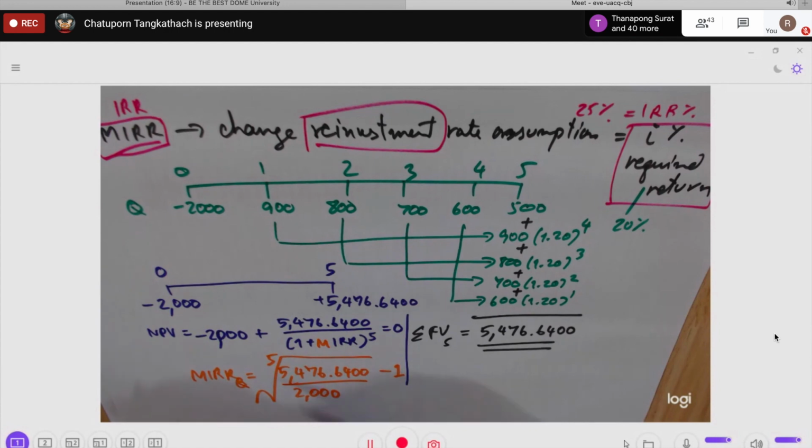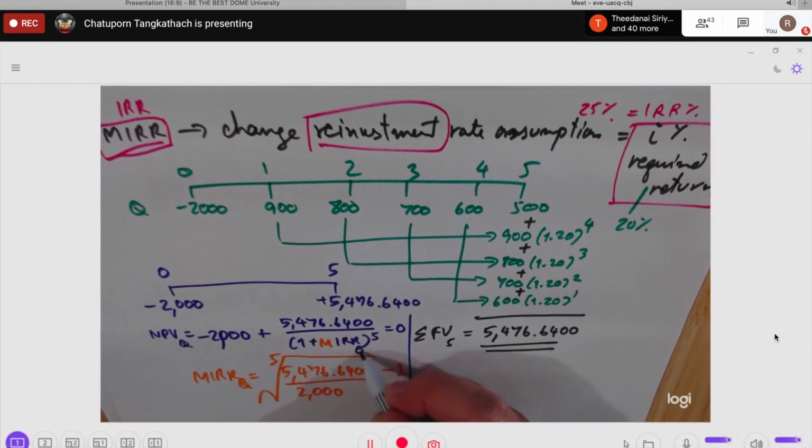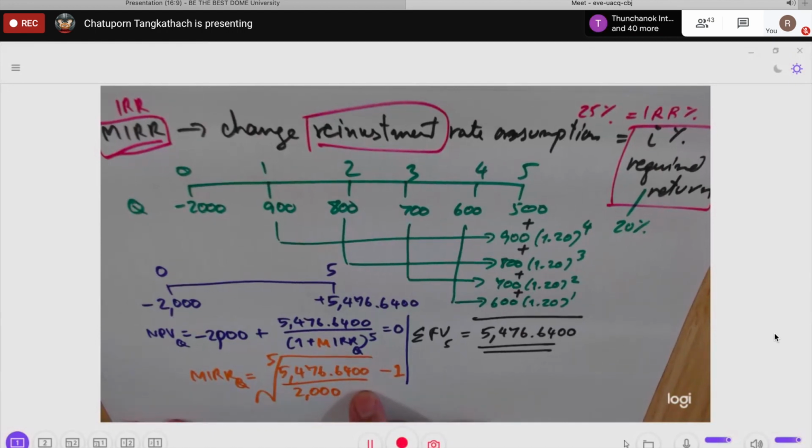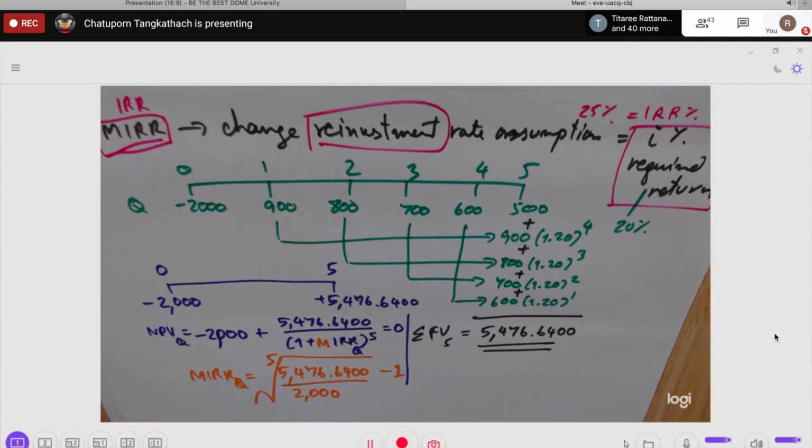Any question on how to compute MIRR here? Please calculate MIRR for project Q and also for project S as well.